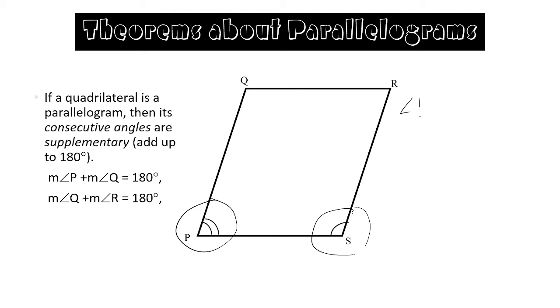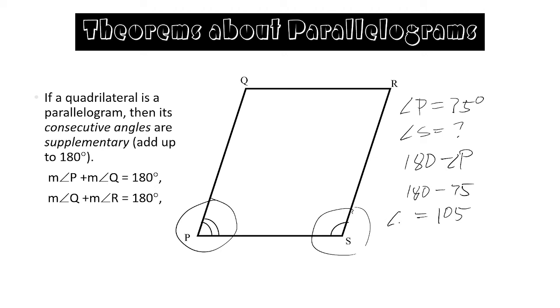Example, angle P is equal to, let's say, 75 degrees. Then, what is the measure of angle S? To solve, we need to subtract from 180 the measure of angle P. Then 180 minus 75 is equal now to 105.